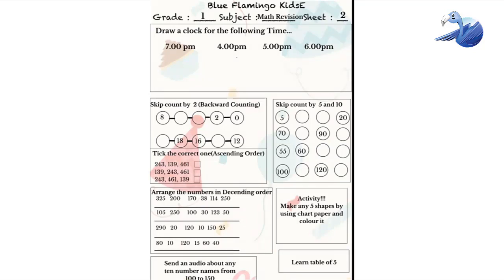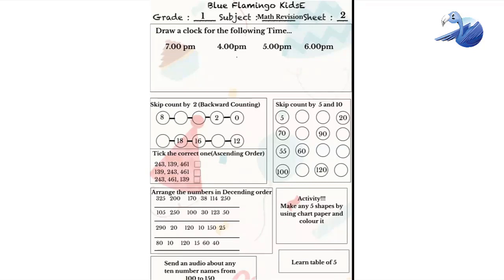First we see 0, 2, then we skip 2 numbers, that means 4, 6 and 8. So this row is complete. Next is 12, 14, 16, 18 and 20. We skip 2 numbers and complete the row.